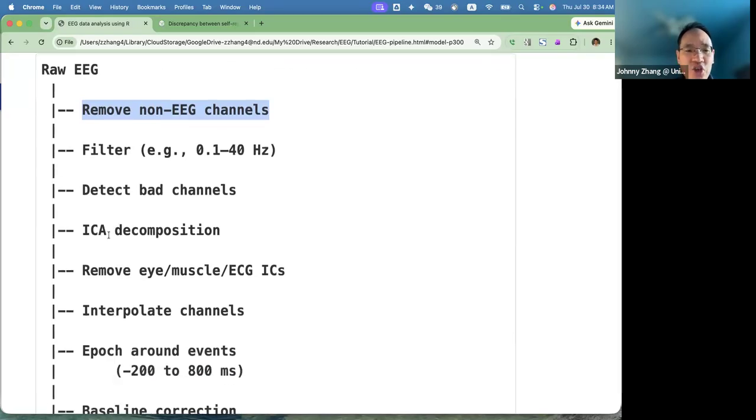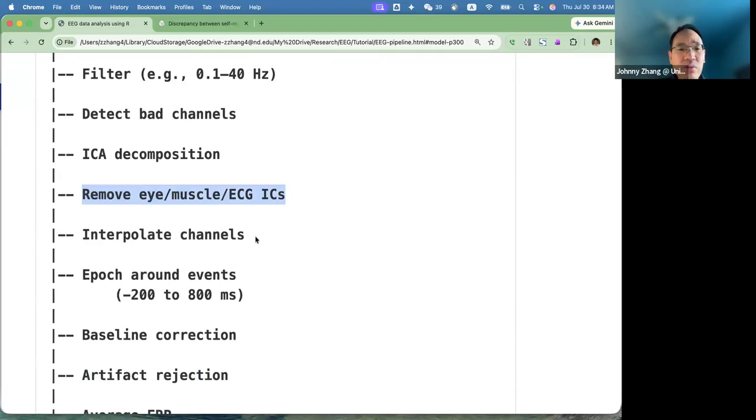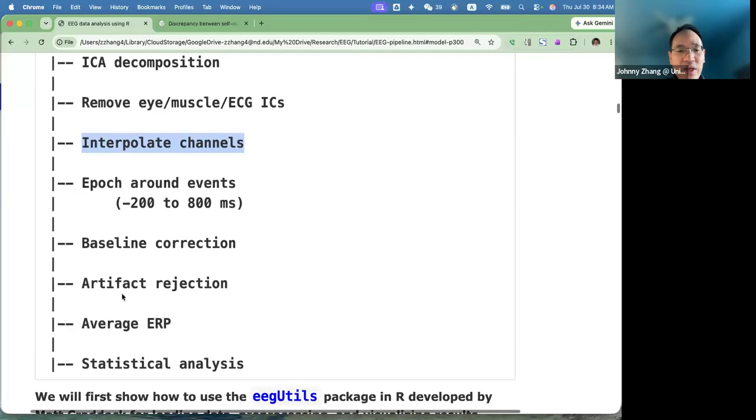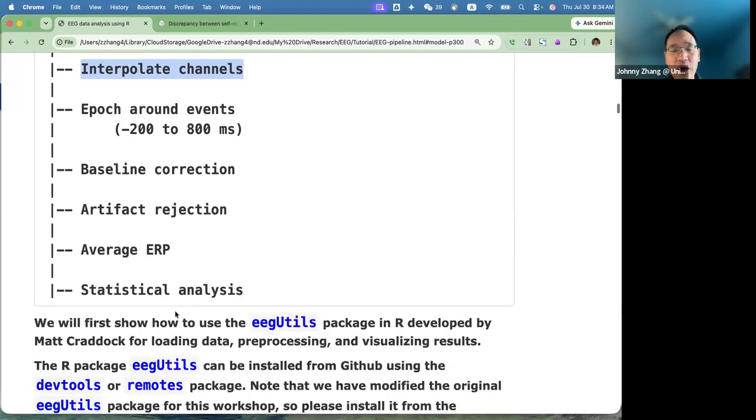And then we can detect bad channels, do ICA, and remove non-brain components. Because we may remove some bad channels, we can re-add some information through interpolation. And then we can do epoching, then baseline correction, then calculate ERP, and then do the statistical analysis. I'm going to go through those steps one by one.